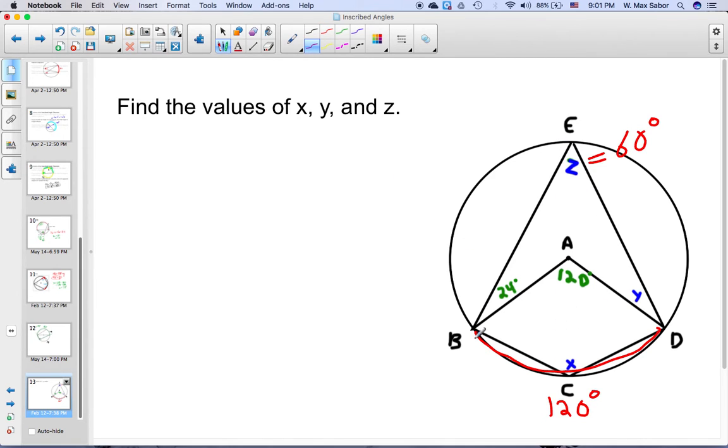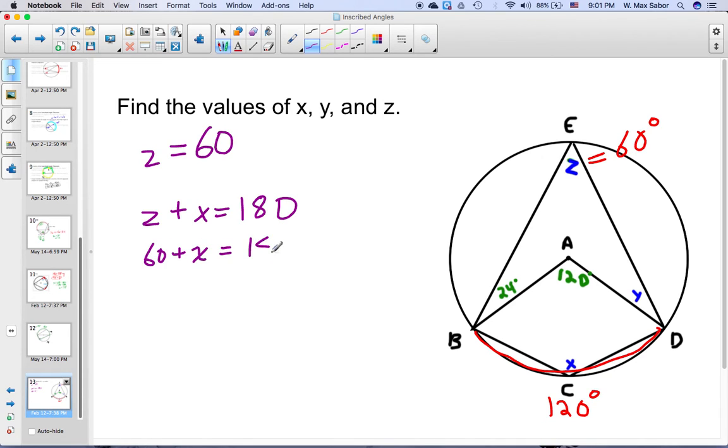If we look at the big quadrilateral, so far we've got z is 60. Z and x are inscribed on that same quadrilateral, so z plus x have to add up to 180. We said that z was 60, so x will have to be 120.